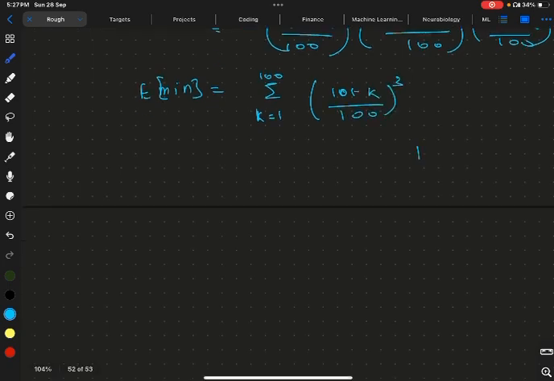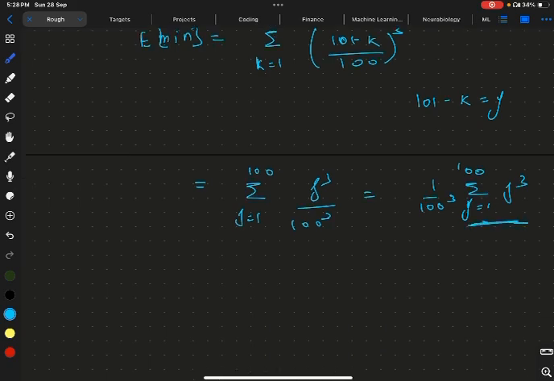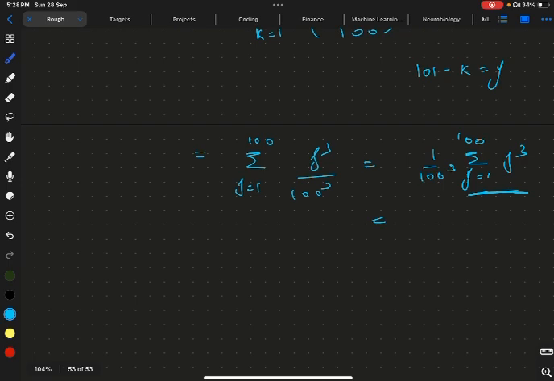Now let's say 101 minus k equals j, just for simplicity. The range will remain the same. You can check that on your own. It won't change. But we'll get a simple expression of j cube upon 100 cube, which will be 1/100 cube times the summation over j equals 1 to 100 of j cube. And this is nothing else but the summation of cubes of the first 100 natural numbers.